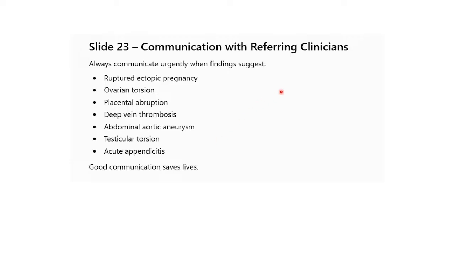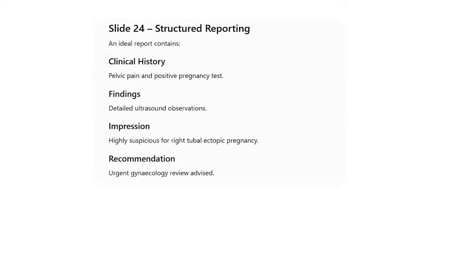So, communication with referring clinicians. Always communicate urgently when findings suggest a ruptured ectopic pregnancy, ovarian torsion, placental abruption, deep vein thrombosis, abdominal aortic aneurysm, testicular torsion, appendicitis. Good communication always saves lives.